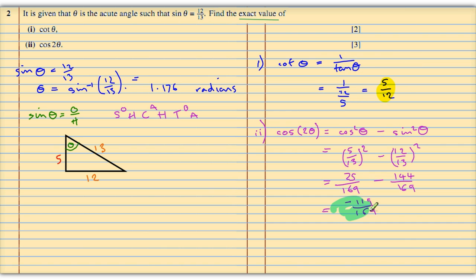Fantastic. That is the second answer. Great. If you have a really good calculator, you probably could have used the first method, changed from decimal points to fractions, and you probably would have got the same exact answers. But this is the way to do it with the correct working.